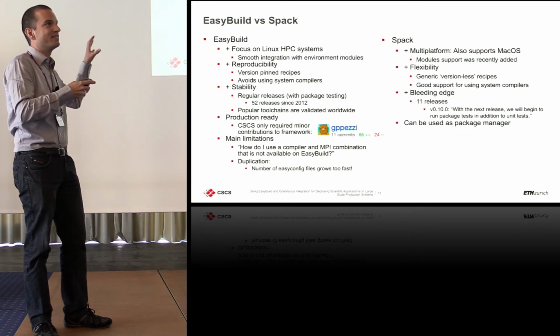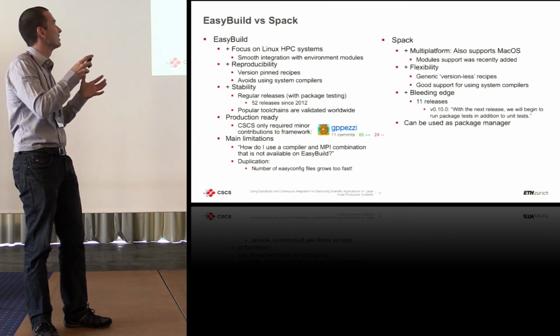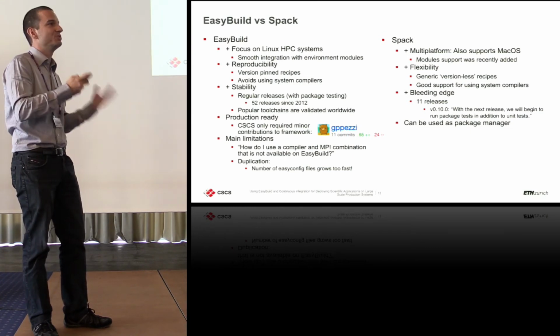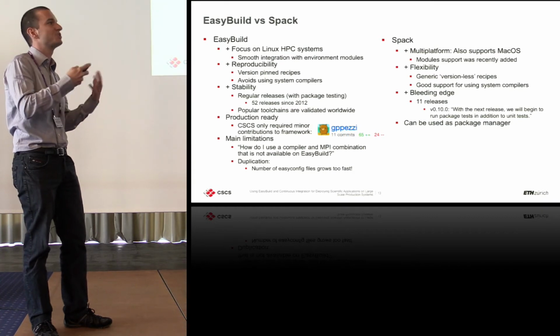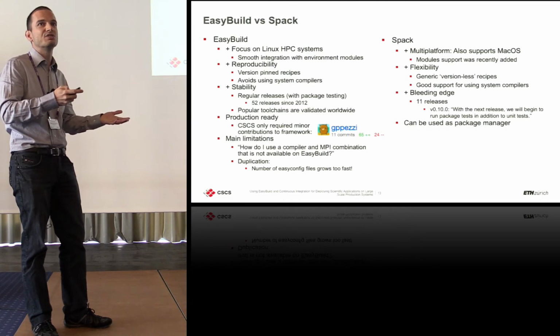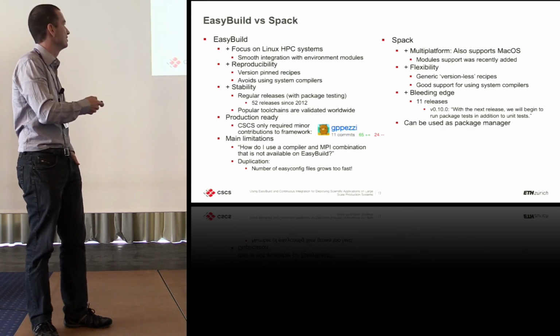If it's not there, if you start with EasyBuild and your combination of compiler and MPI version is not there, it means that it will take you a lot of time to bootstrap and to start. While on Spack, it is straightforward to use any combination that you wish.